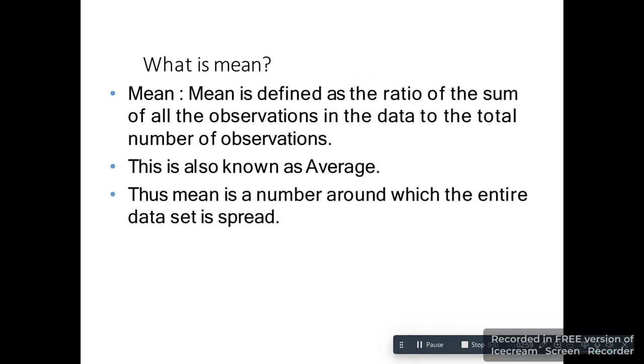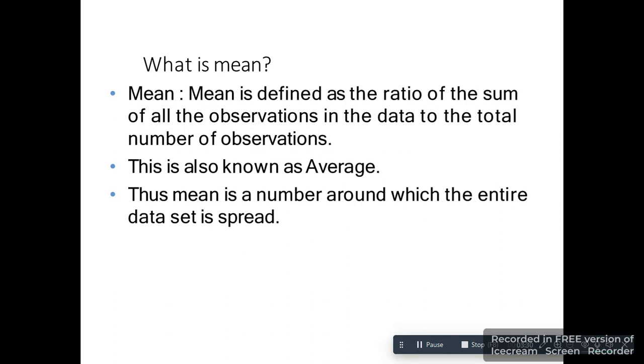What is the mean? Mean is defined as the ratio of the sum of all the observations in the data to the total number of observations. It is also called the average, and thus the mean is a number around which the entire set is spread.